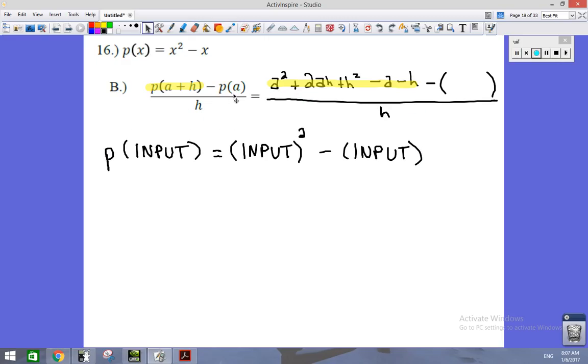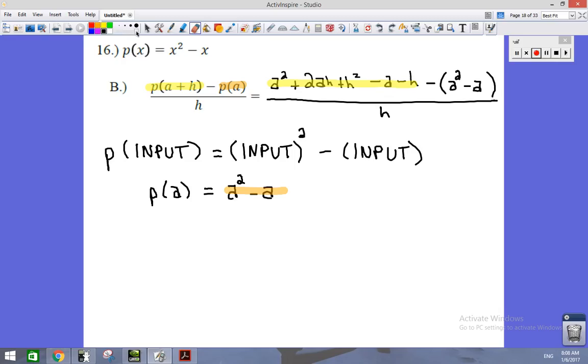All right, so if the input is a, then instead of x squared minus x, it's a squared minus a. If you're evaluating p at a, then everywhere you see input, you're replacing it with the letter a. So instead of input squared, you have a squared. Instead of minus input, you've got minus a. So that's what this next term is. This p evaluated at a, we just determined that it's a squared minus a, and that was a very easy substitution. You just change the letter.